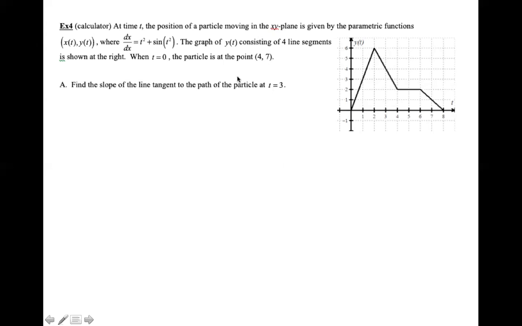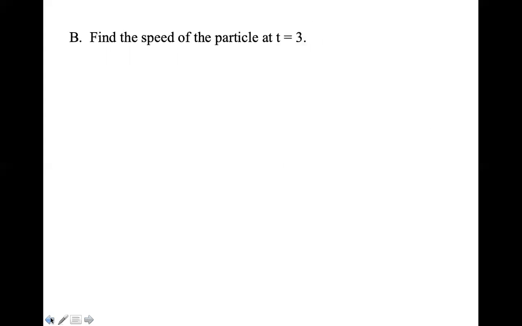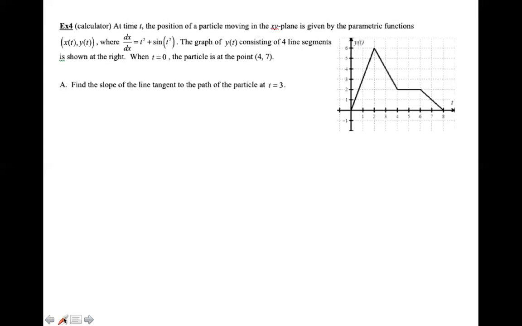All right, so part A, again, is find the slope of the line tangent to the path of the particle at t equals 3. Again, to find the slope of the tangent line, we are going to be doing dy dx is equal to dy dt over dx dt.